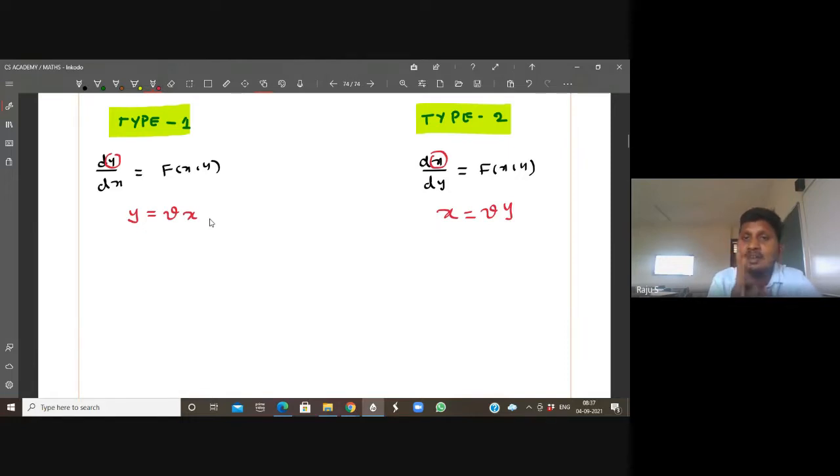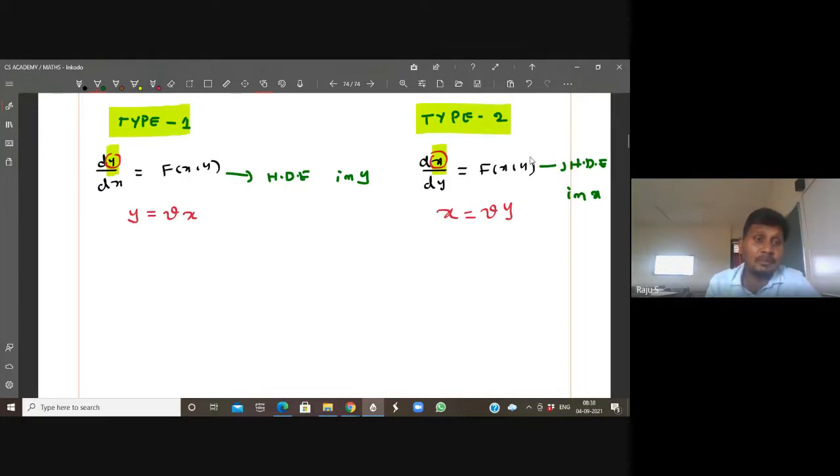First, we have to identify whether it is a homogeneous differential equation or not. If it is, this is called a homogeneous differential equation in y, because the dependent variable is y. This is called a homogeneous differential equation in x.